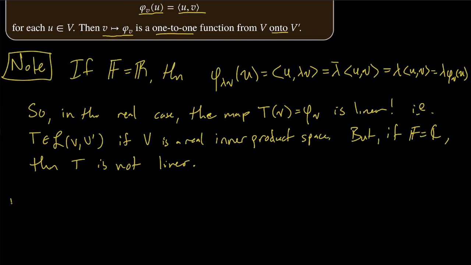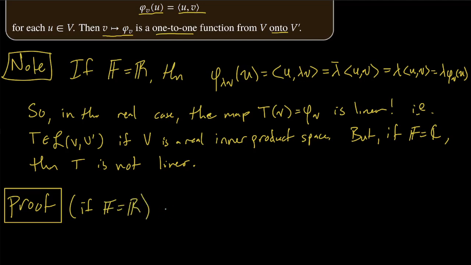So if F is equal to R, let T be the linear map from V to V prime, T of v equals phi of v.